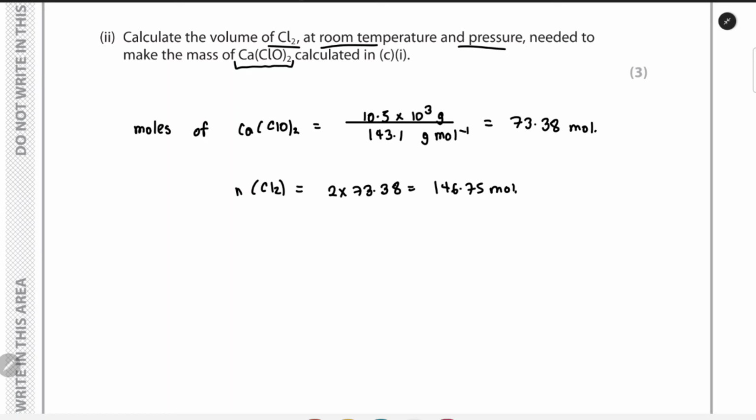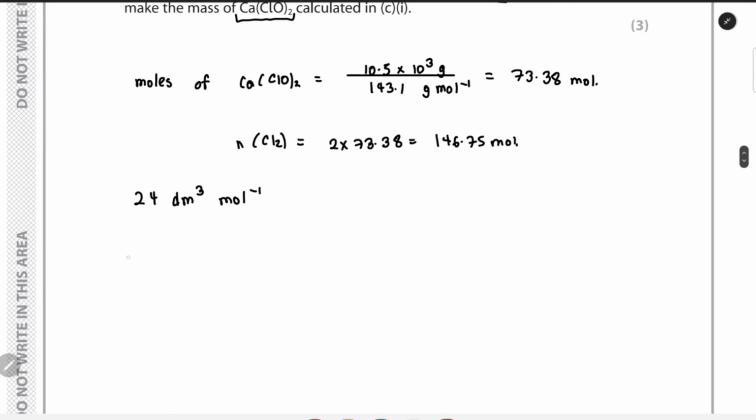The molar gas constant is 24 dm cube per mole. So if I want to find the volume, I multiply 24 dm cube per mole with the number of moles, 146.75.